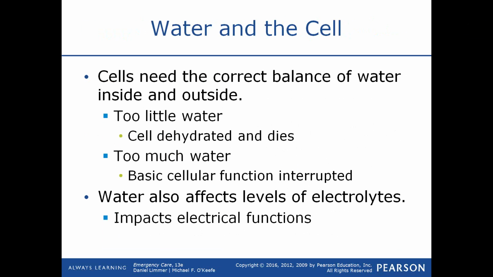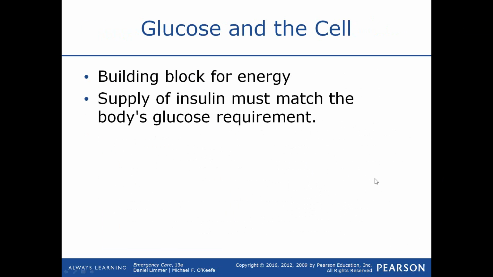And water in the body also affects the levels of sodium, potassium, magnesium, chloride, and bicarbonate. The sodium, potassium, and calcium are extremely important to cell function, particularly electrical cells like the brain and the heart, where those electrolytes are very important for muscle contraction and brain function.